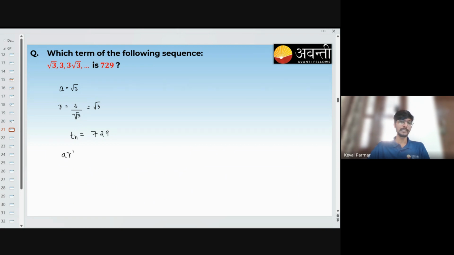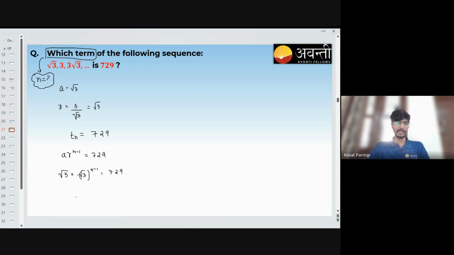A into R to the power n minus 1 equals 729. Do you understand which term? Which term means they want us to find n. So let's substitute the value of A. A is √3 into R, which is also √3, raised to the power n minus 1, is equal to 729. So by indices, what will we get?